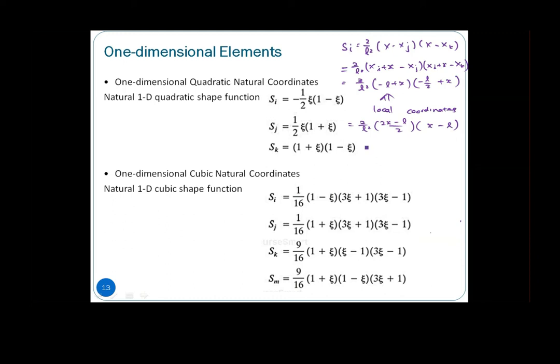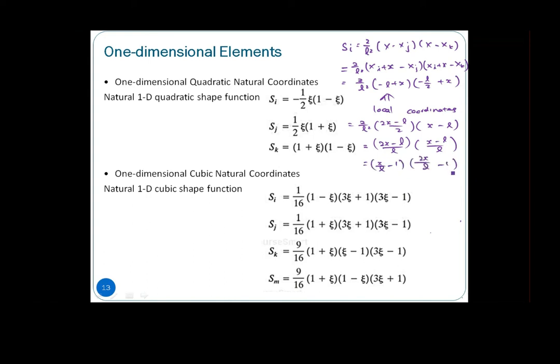Then we arrange again: 2x minus L over L, x minus L over L. Then we have 2x over L minus 1.